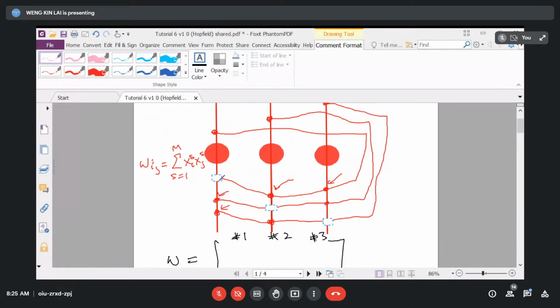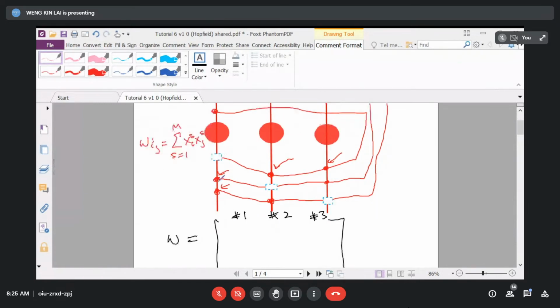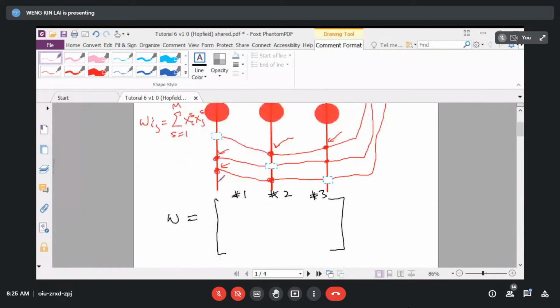Anyone? No one. Because as I said, since there are no self-feedbacks, how do you represent no self-feedbacks? You put a cross. So you can see here, no self-feedbacks.